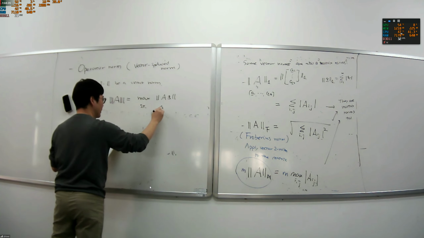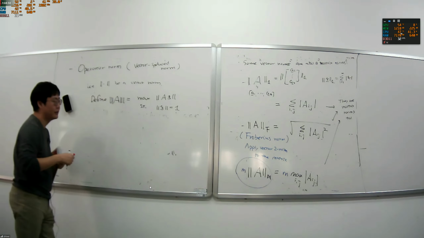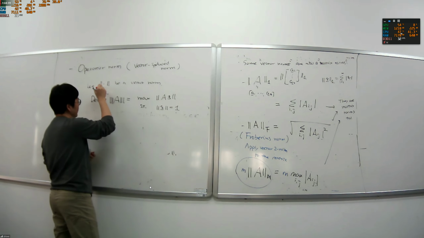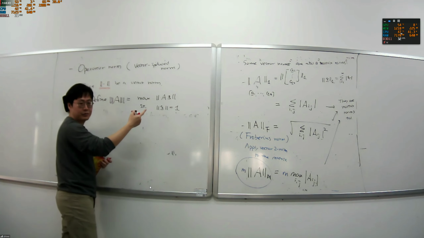This is quite similar to a quadratic form, but there's no square here. Given a vector norm, we consider this maximization problem.